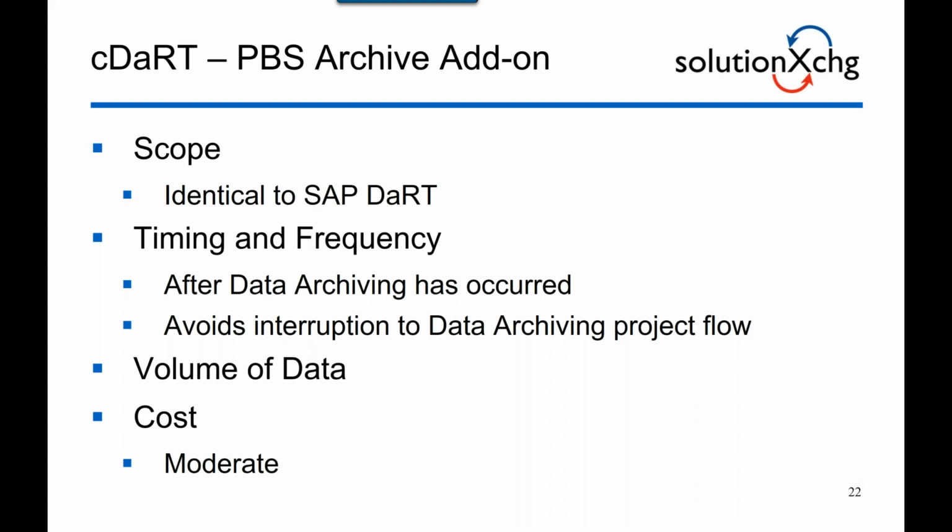But likewise, there has been developed this CDART tool, which is not a direct plugin to the Dart primary program itself, but PBS provides a Dart-like core program that has the ability to draw upon archive content and include it in the selection criteria and in the results.